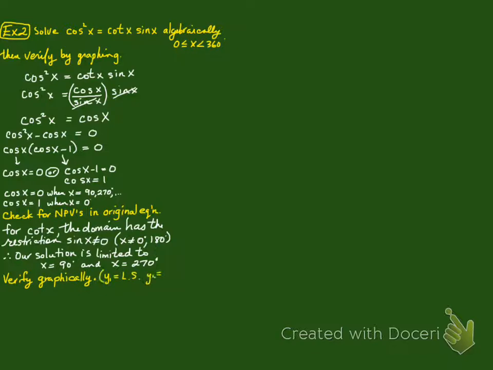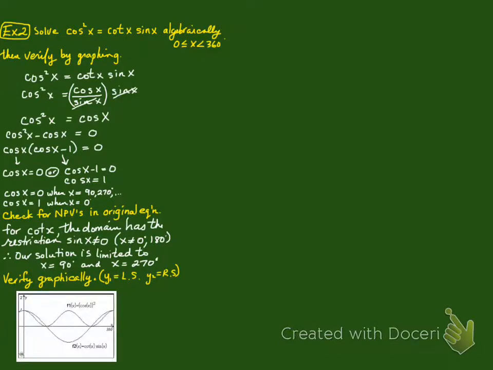Verify graphically. We can say y1 is equal to the left side of our equation, so y1 is equal to the cosine squared of x. y2 is equal to the right side, so y2 will equal the cotangent of x times the sine of x. And when we have our graph, it's going to look like the following. Notice that they intersect at 90 degrees.